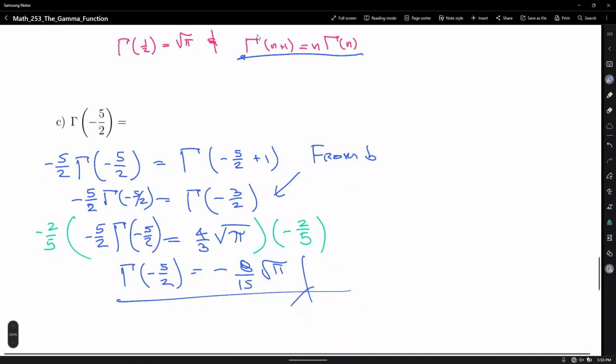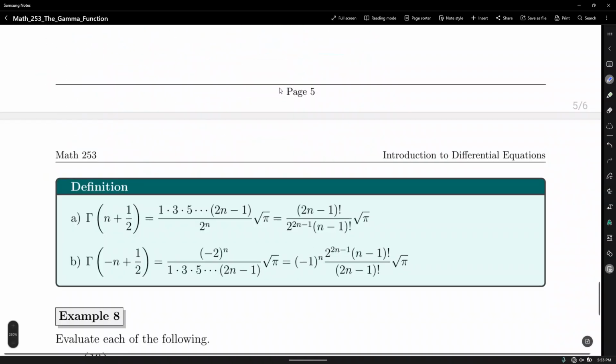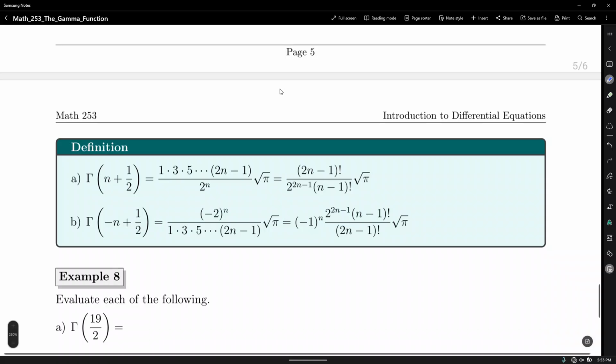The next topic is actually formulas to compute this without doing this recursion. So it can be proved that we can simply use these formulas to identify the value of it, whether for a negative multiple or positive multiple of a half.